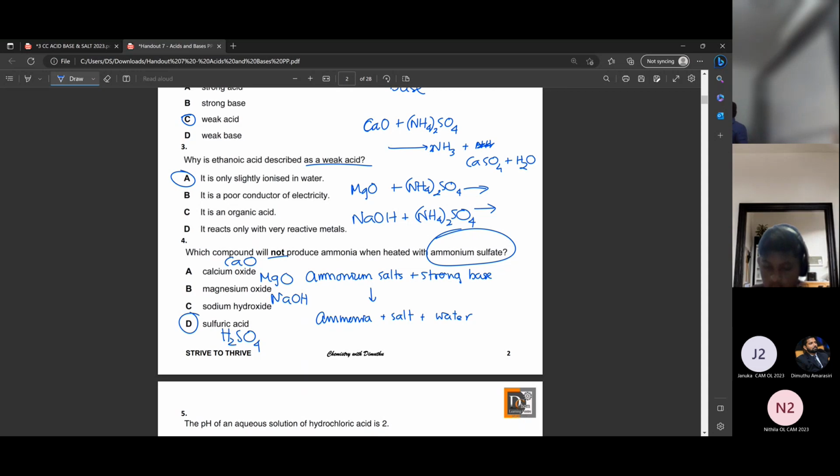Sodium hydroxide and ammonium sulfate give ammonia, sodium sulfate and water, right? The format is ammonium sulfate plus strong base gives ammonia, salt and water. So the salt has to be magnesium sulfate, sodium sulfate, right?